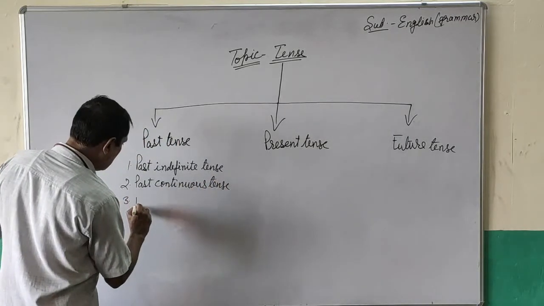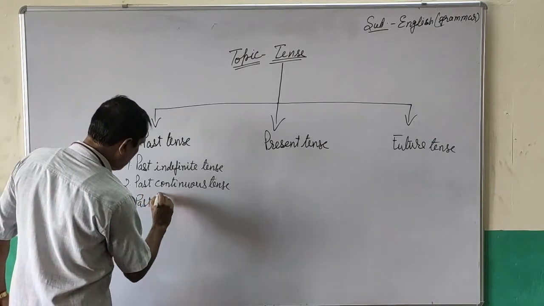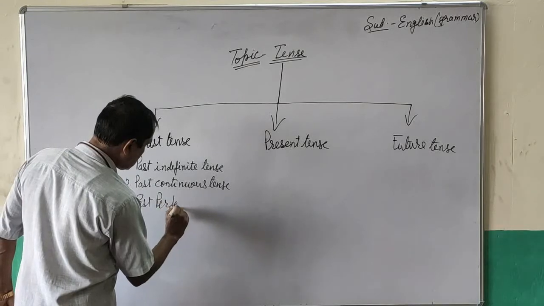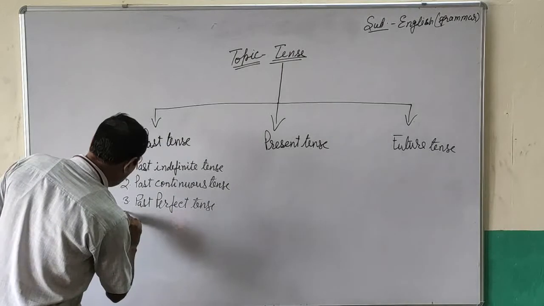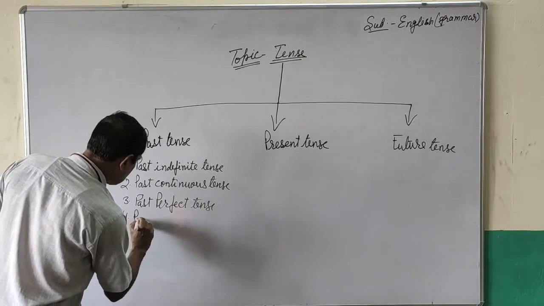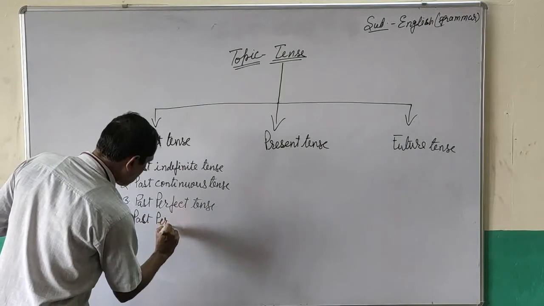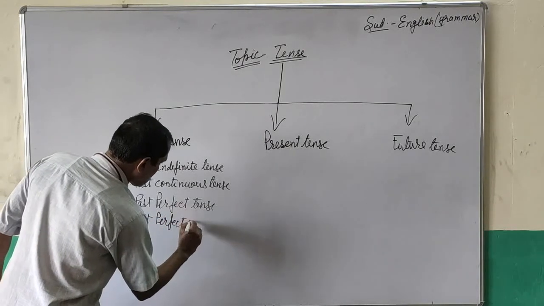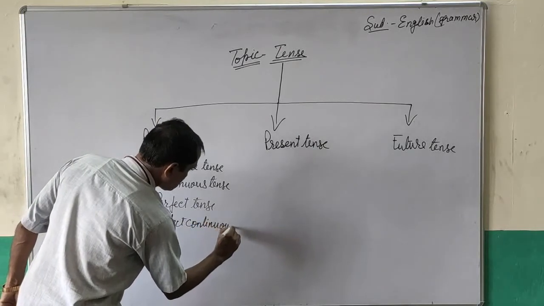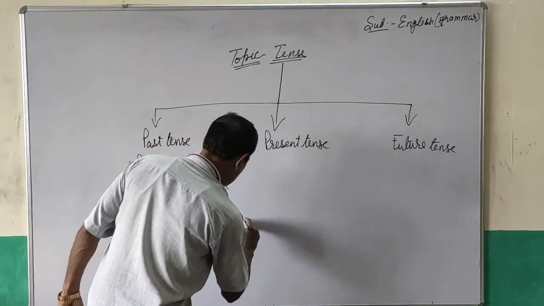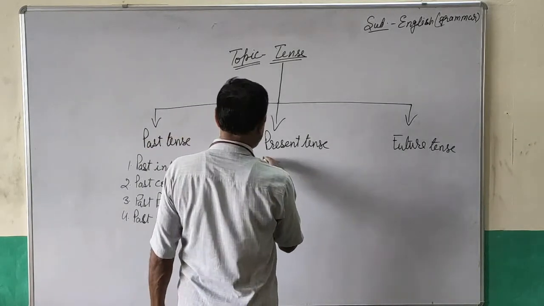Number three, past perfect tense. Number four, past perfect continuous tense. Same type of present tense.